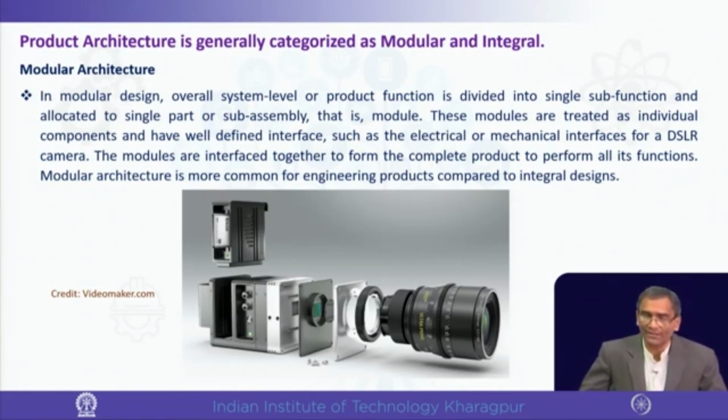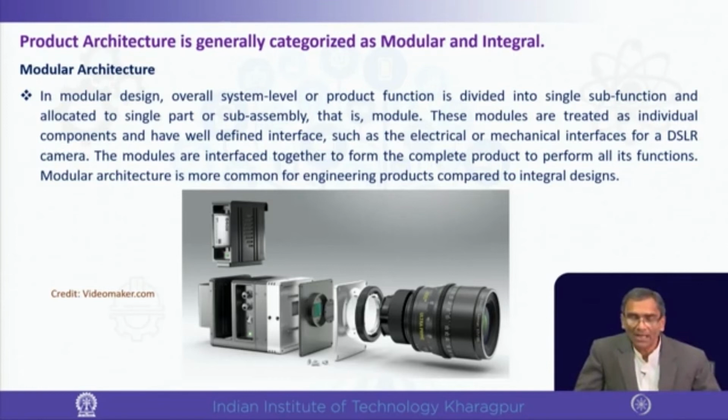That is the module. We have already described that. Like say in a DSLR there are these mechanical and electrical interfaces in the camera. The modules are interfaced together to form the complete product. So, interfaces are there and the modules are there. So, the camera works.